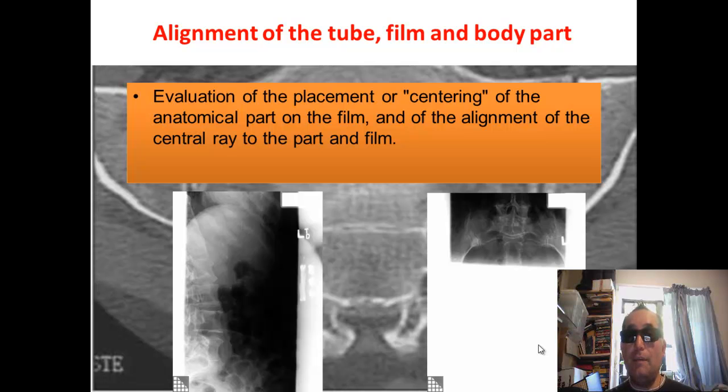We need to get that image in the middle. If you're off center, like this lateral lumbar spine that you see here on your left, while you may have positioned perfectly, all of the spinous processes posterior there are cut out. This is not good. Have some collimation, that's good. But if your alignment is off and you cut the part, it's a repeat.